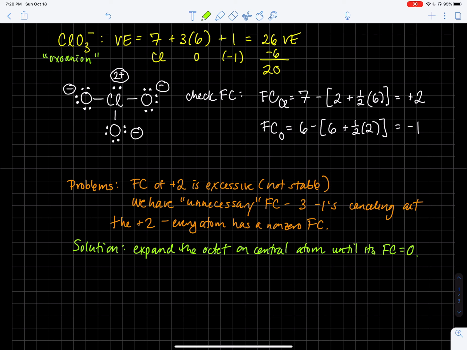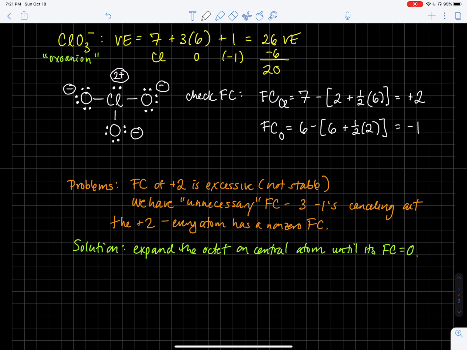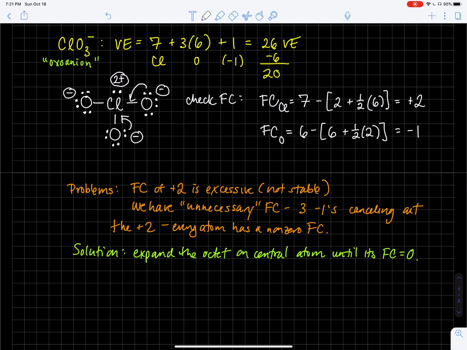So chlorine right now has +2. So that means we're going to have to give it 2 more bonds. We can't give it more lone pairs really because oxygen needs to see all the electrons it sees. So we're going to need 2 bonding pairs to bring that formal charge down. So I'll start with these electrons and these electrons.